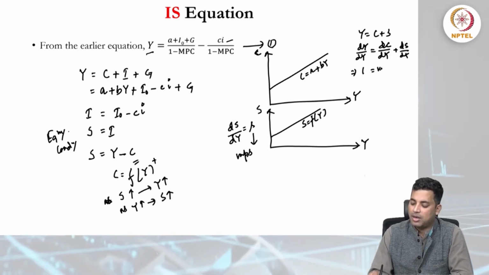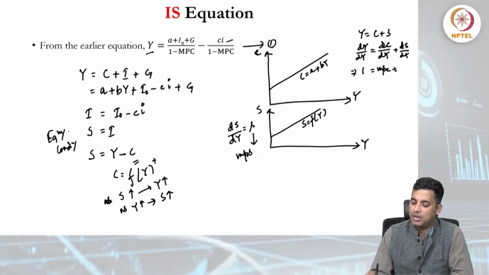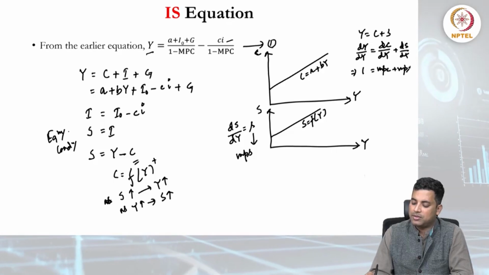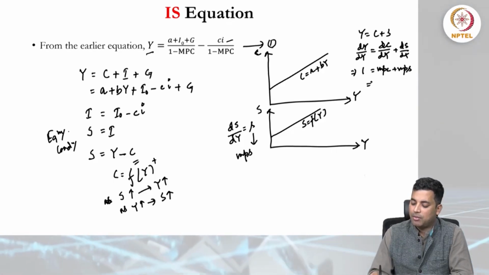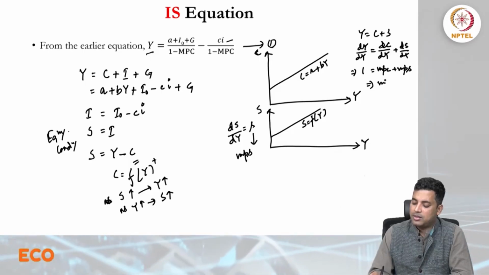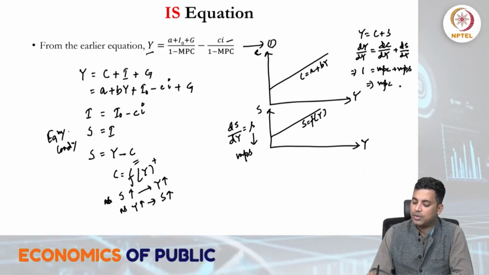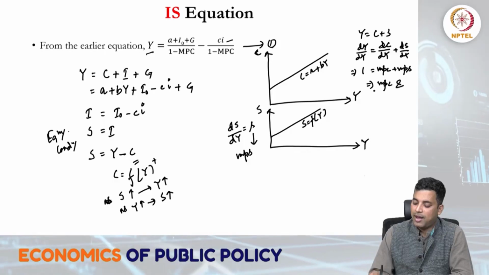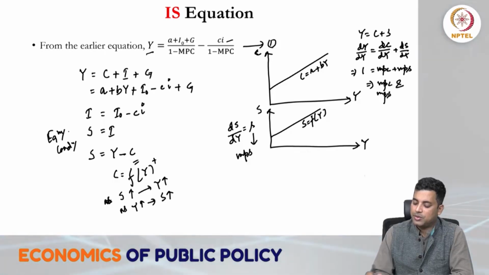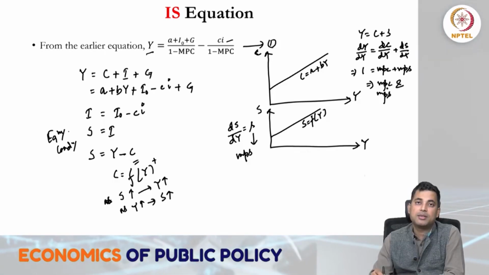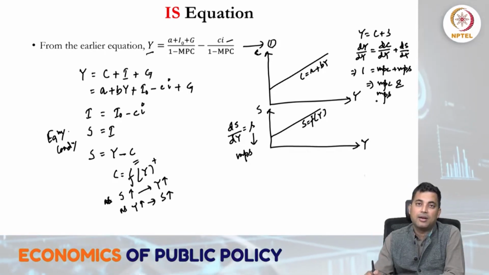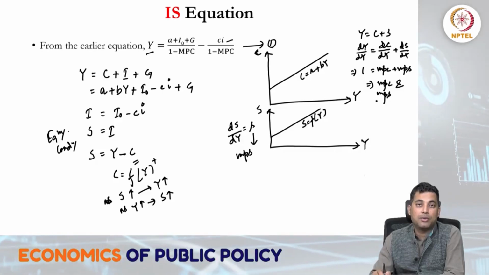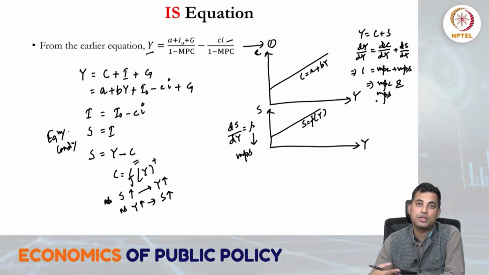This is the marginal propensity to consume plus the marginal propensity to save. So the marginal propensity to consume and the marginal propensity to save sum to 1.